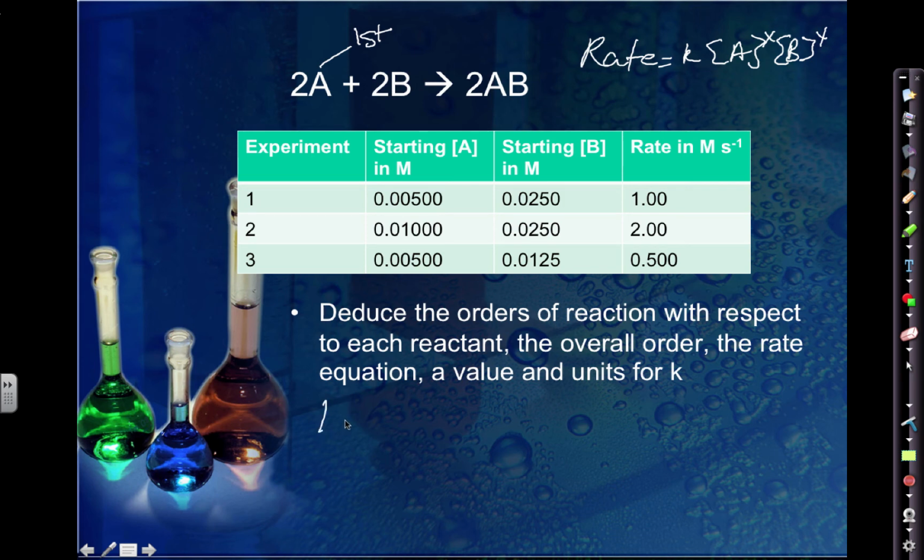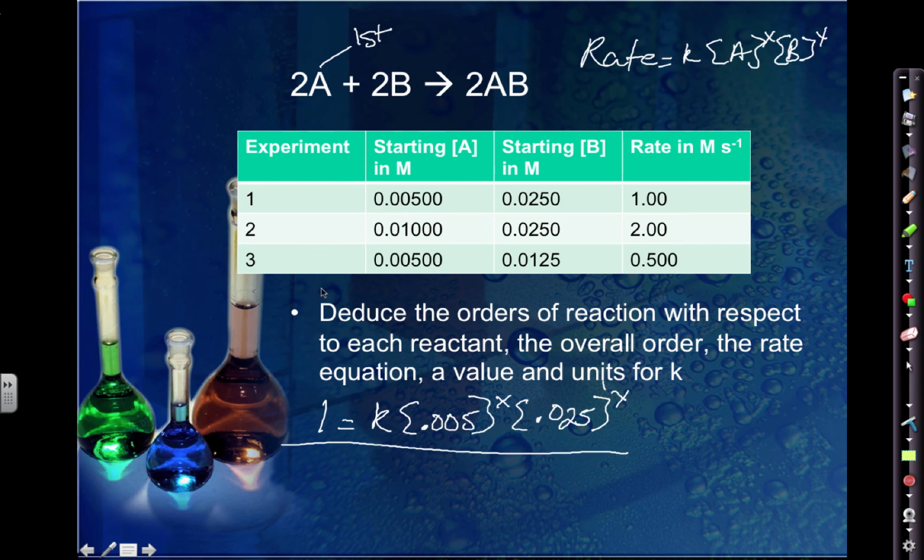All right, so I always do the bigger rate first. So 1 is the rate, K I don't know, multiplied by the concentration of A, which is 0.005, to some power. I can plug it in. I know it's 1 now, but it really doesn't matter. And then multiplied by the concentration of B, which is 0.025, to the Y power.